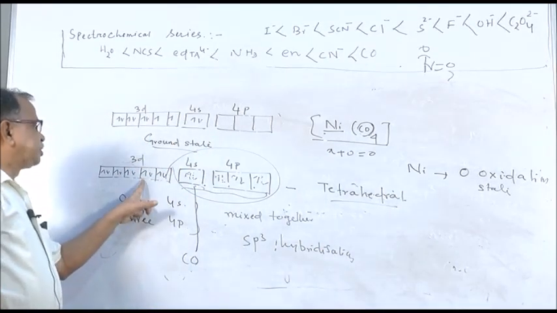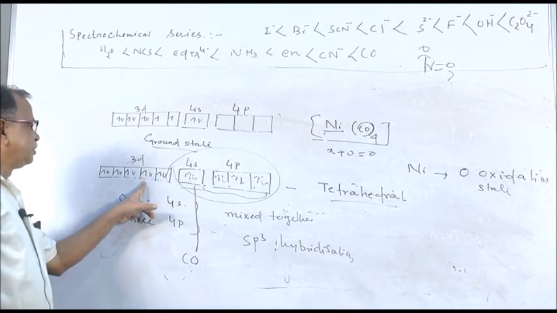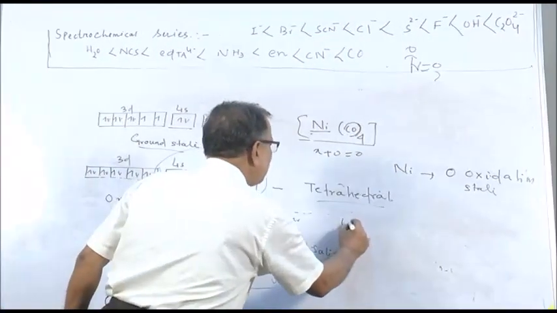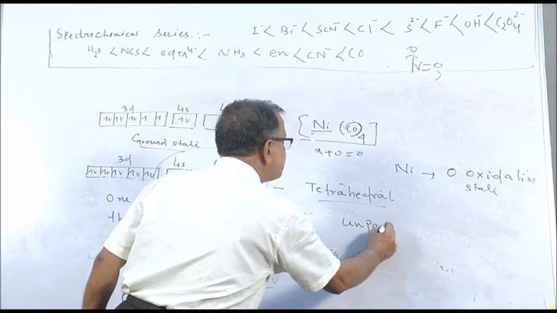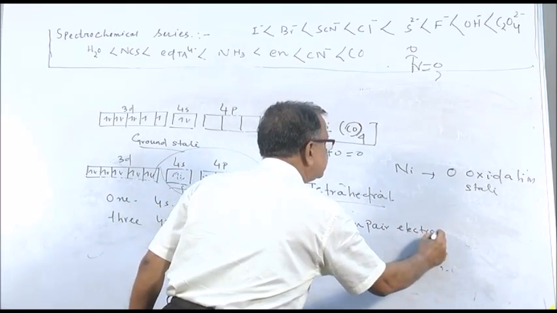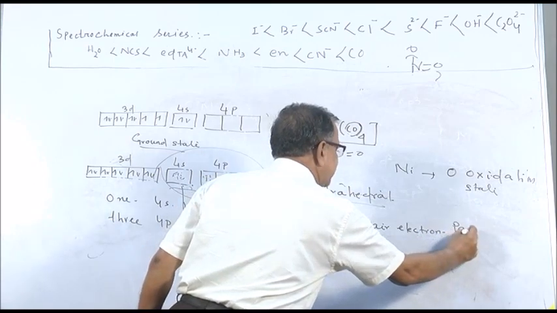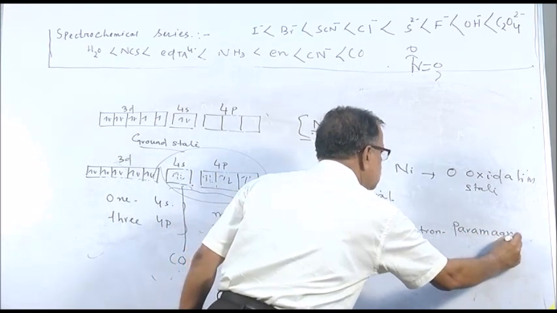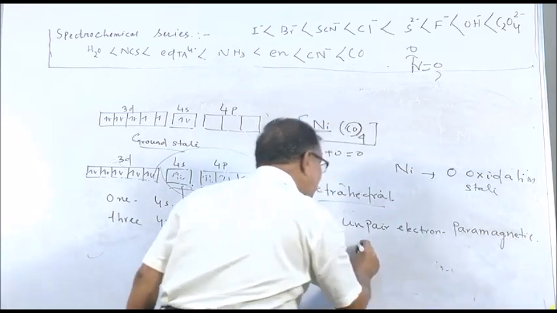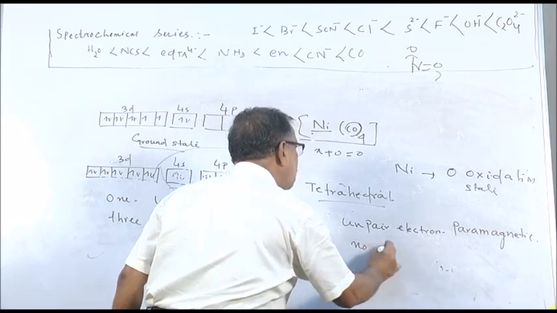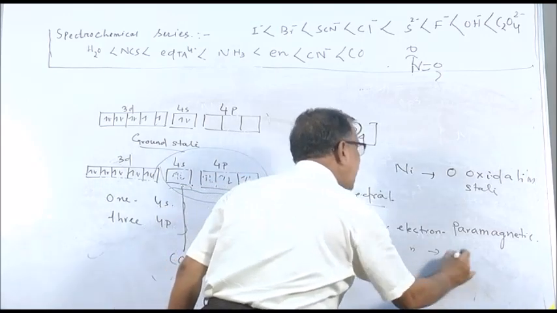Then the question is whether it is paramagnetic or diamagnetic. If there are unpaired electrons, it is paramagnetic. If all are paired, with no unpaired electrons, it is diamagnetic.